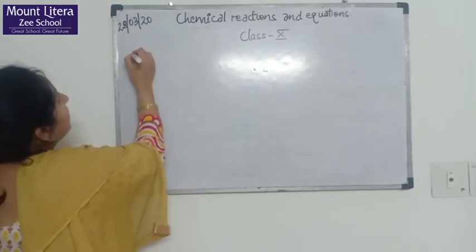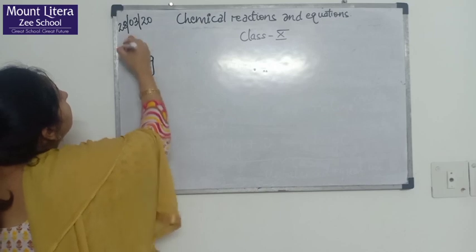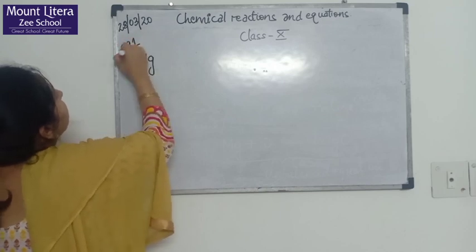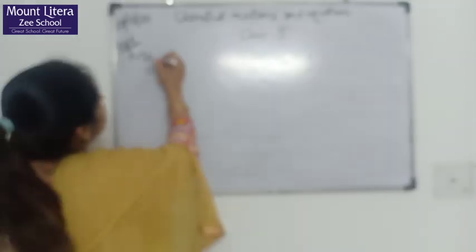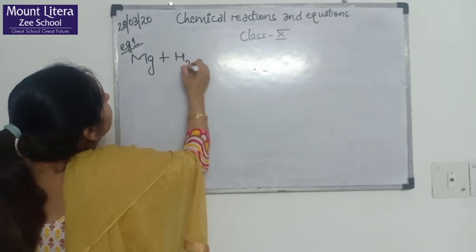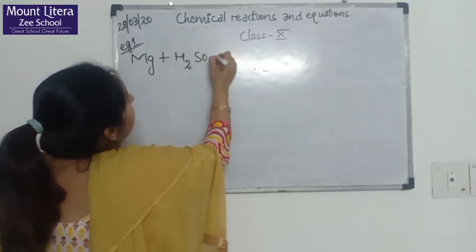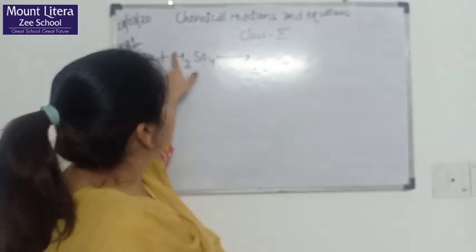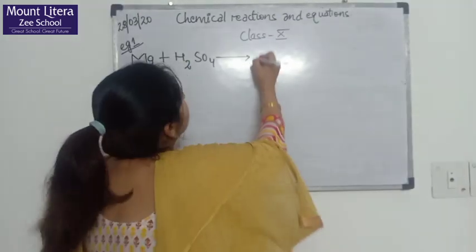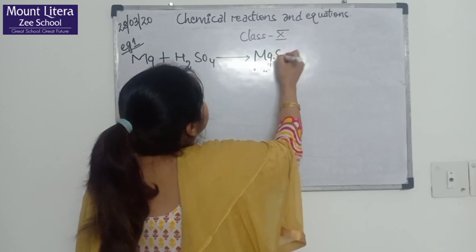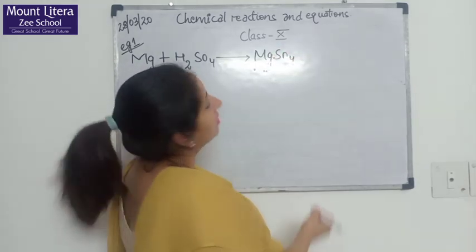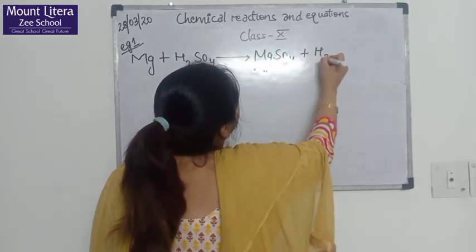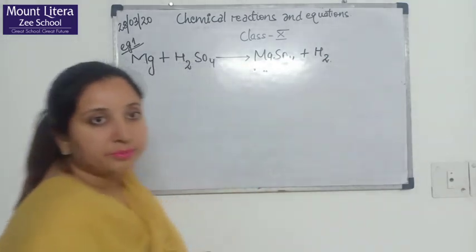For example, example 1: magnesium reacts with H2SO4. When magnesium reacts with sulfuric acid, it forms magnesium sulfate and liberates hydrogen gas.